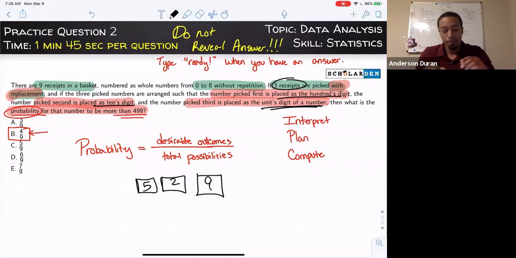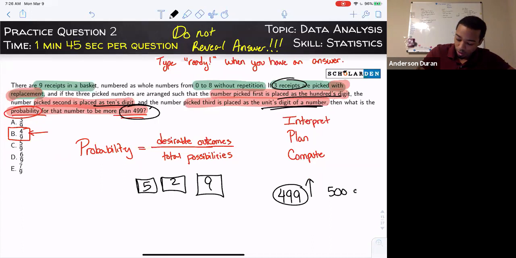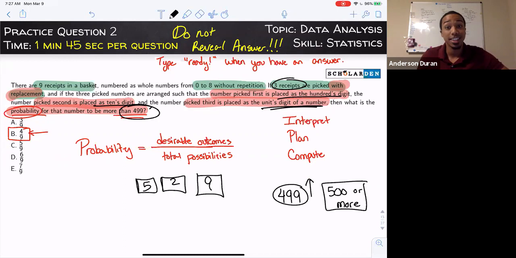Perfect. So here we go. What I want you guys to notice is that they want it to be more than 499. So think about it. If you want it to be more than 499, that means we need 500 or more. That's what we need. And here's the thing. Look at the other two digits, the 0 and the 0. It doesn't matter what they are, because if you have a 5 as the first number, that's 500 something. If you have 6, that's 600. 7, 700. 8, 800.